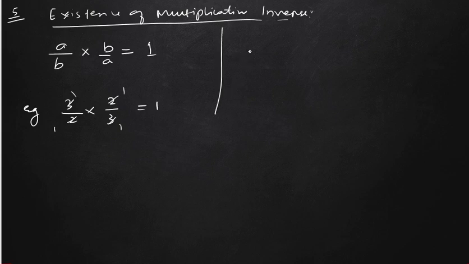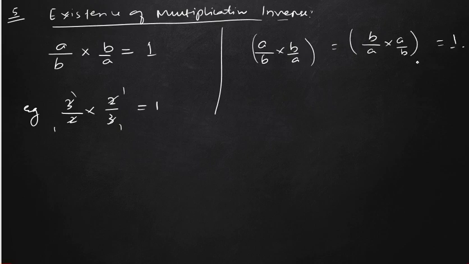So you can write the definition. Every non-zero rational number a by b has a multiplicative inverse, also called the reciprocal, and it is b by a, in the set of all rational numbers, such that a by b into b by a, or if you multiply b by a first and then a by b, the answer will be 1.